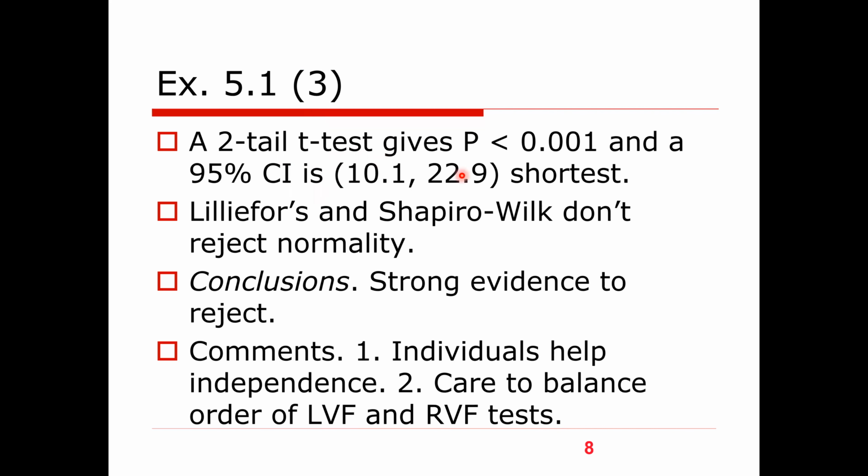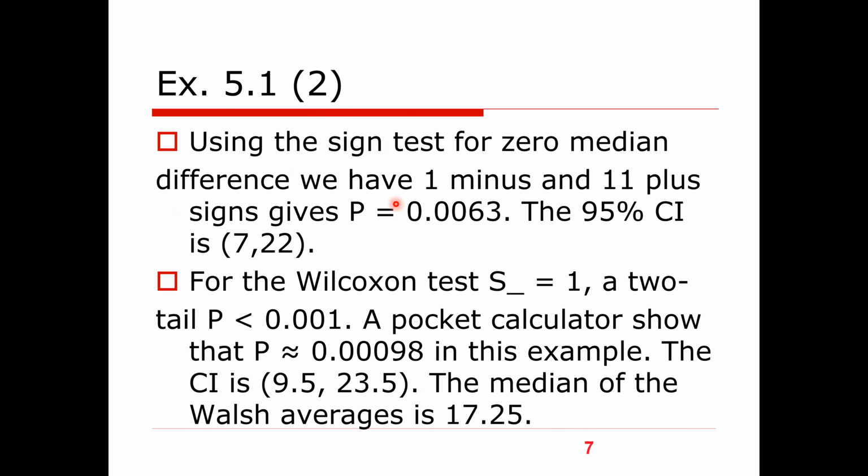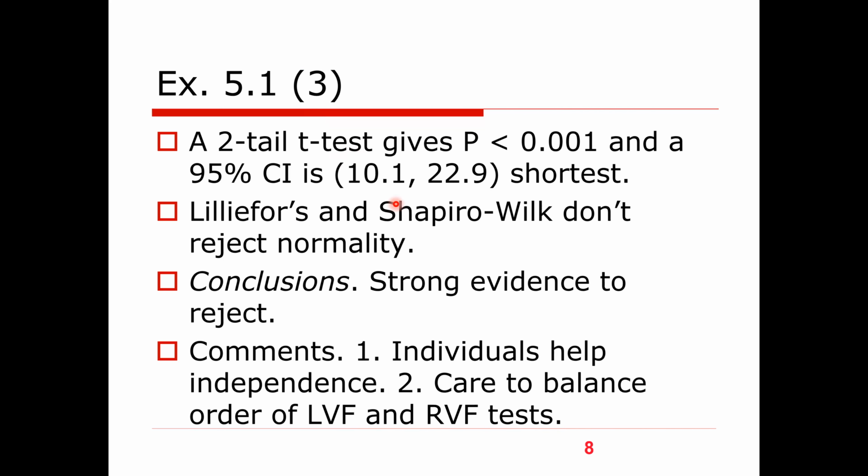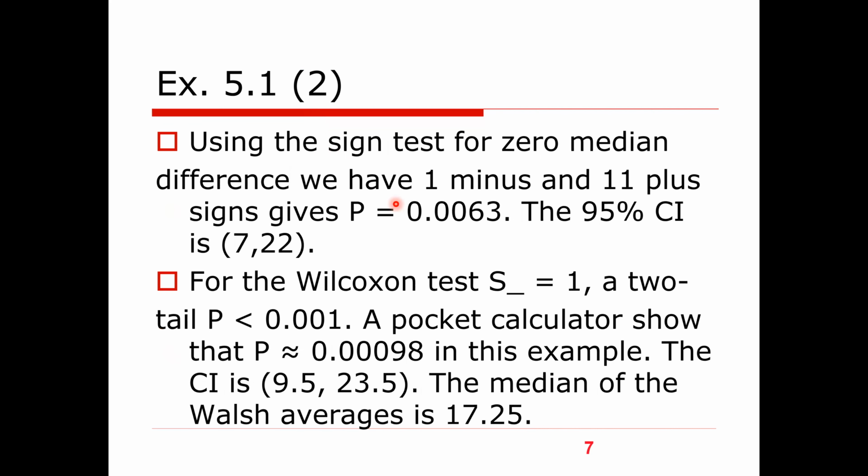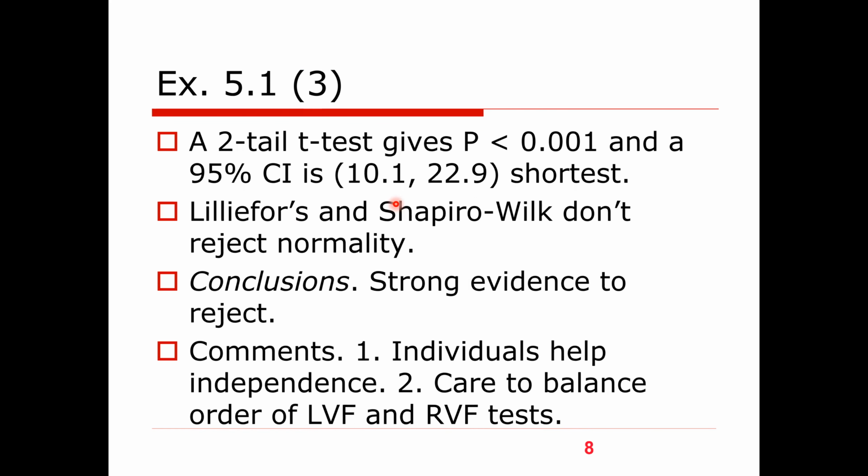But the p-value is still very small, which makes us reject the null. However, the confidence interval is much shorter than the sign test confidence interval, but only slightly shorter than the Wilcoxon confidence interval.